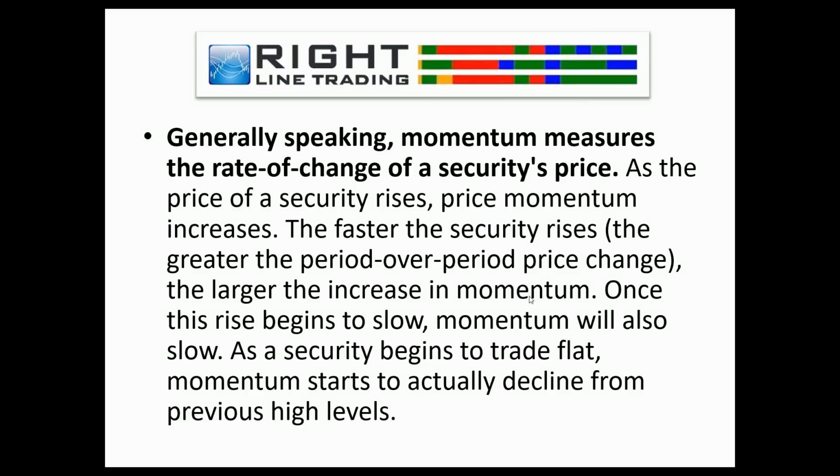So what momentum is essentially measuring is the delta price, delta speed, or the change in speed of any movement on any financial market. And as price continues to accelerate to the upside, momentum will continue to rise.